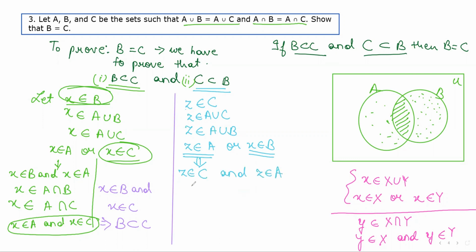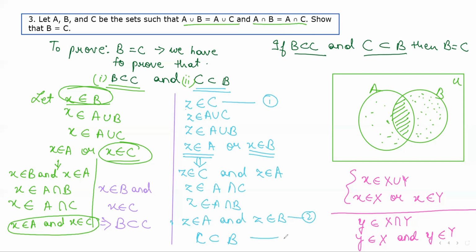In which case Z belongs to A intersection C. By the given value, A intersection C is equal to A intersection B, which means Z belongs to A and Z belongs to B. Means from first and second equation, we can say that C is a subset of B. Let this be the third equation, and this is your fourth equation.